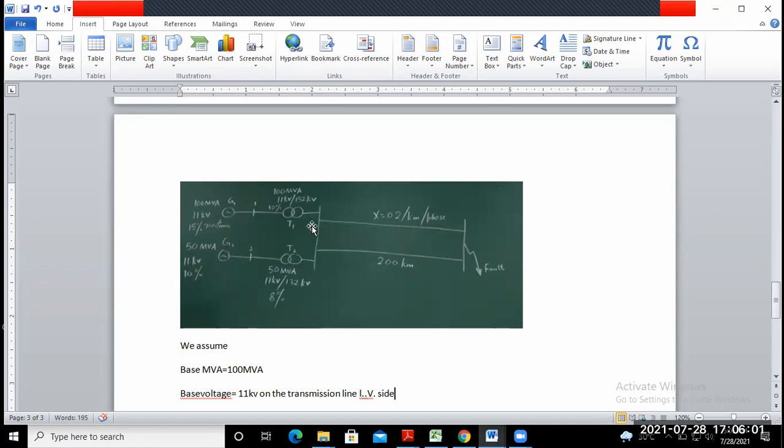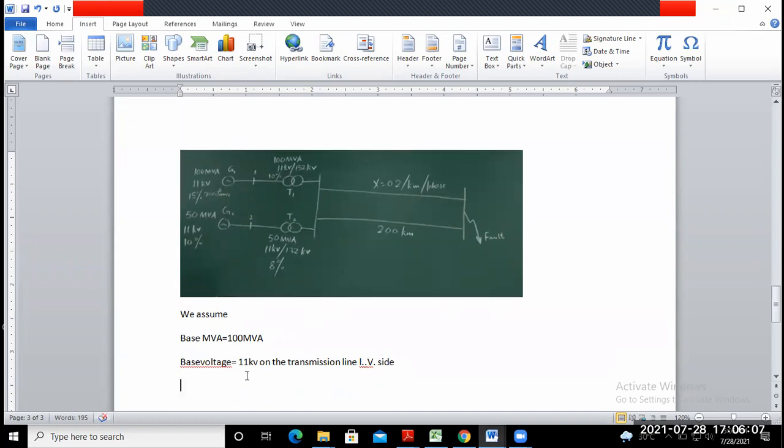So the base voltage from the high voltage side of the transformer is the maximum voltage, 132 kilovolt. So the base voltage changes here, from 11 kilovolt to 132 kilovolt. So when the reactance value is calculated in percentage or per unit, up to this point, that means the low voltage side of the transformer, your base voltage is 11 kilovolt. And if you consider any parameters in per unit from the high voltage side of the transformer, then you consider the base voltage as 132 kilovolt.